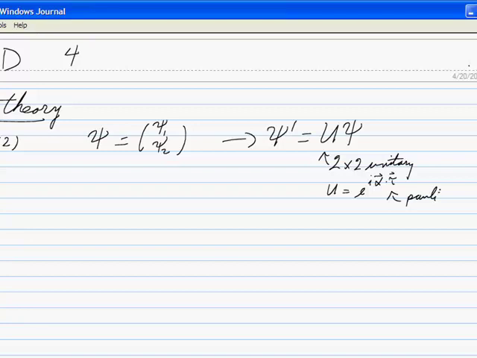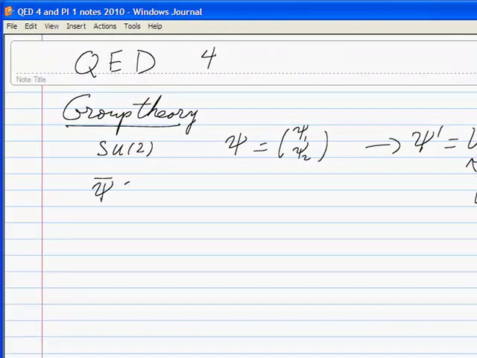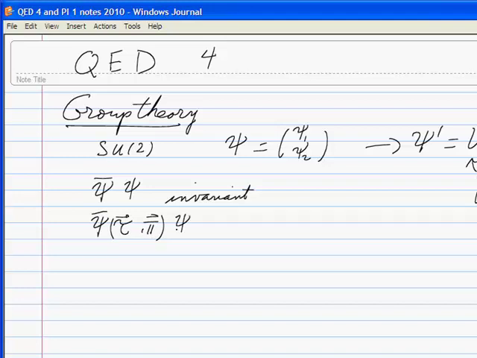And we then wrote invariants, things like psi bar psi are invariant. But even more interesting are things like psi bar tau dot pi, where that's some set of vector fields.